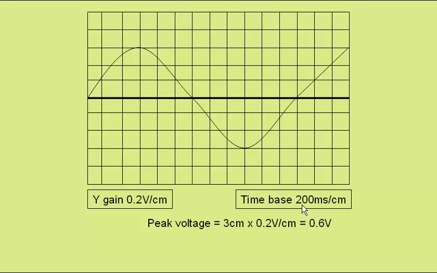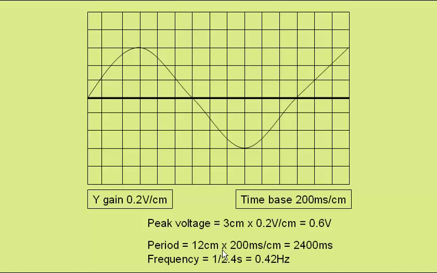The time base at 200 milliseconds per centimeter, and we have 1, 2, 3, 4, 5, 6, 7, 8, 9, 10, 11, 12 centimeters, meaning a time period of 12 centimeters at 200 milliseconds per centimeter, which is 2400 milliseconds, or 2.4 seconds. The frequency then, 1 over 2.4 seconds, is 0.42 Hertz.